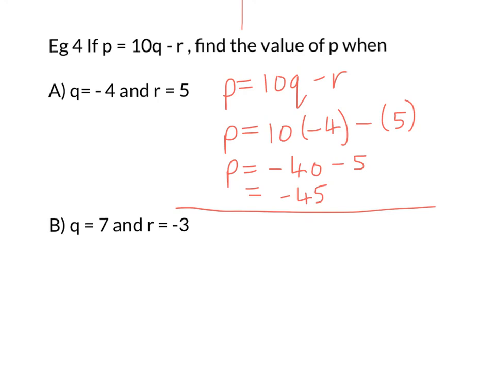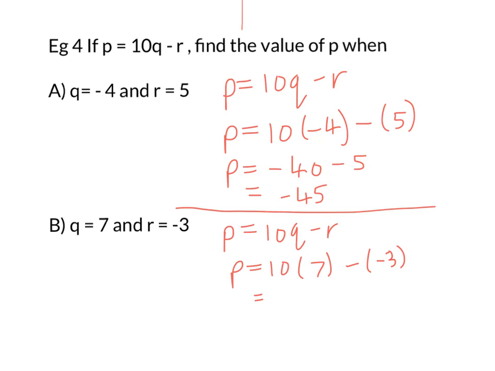Part B, this time we're still finding the value of P, but we're told Q is 7 and R is minus 3. So we can write out our formula, 10Q minus R, and then we can substitute in Q as 7 and R as negative 3.